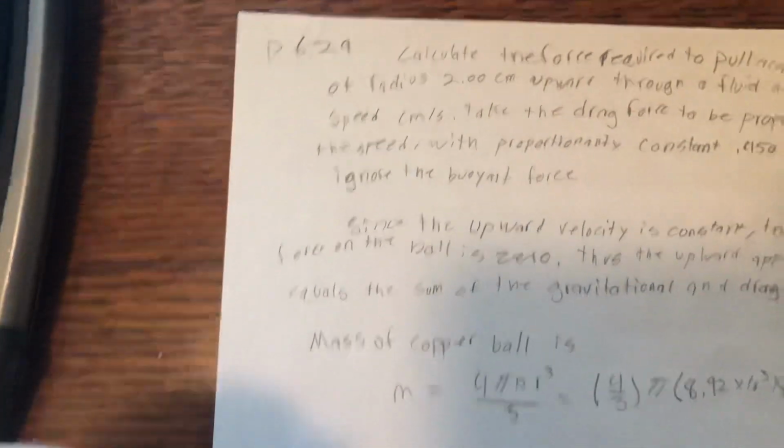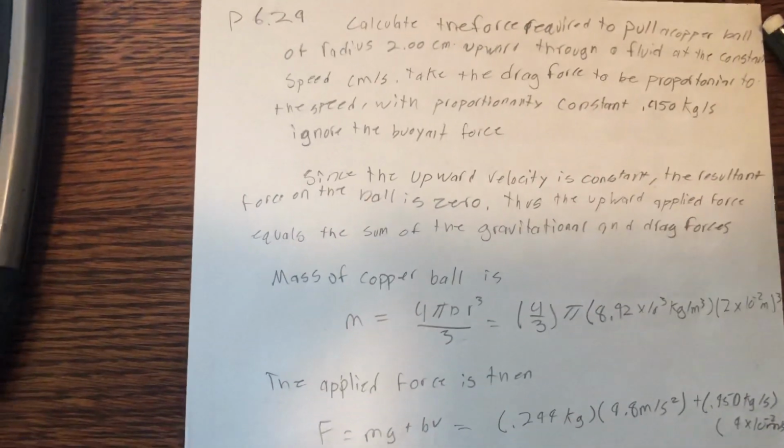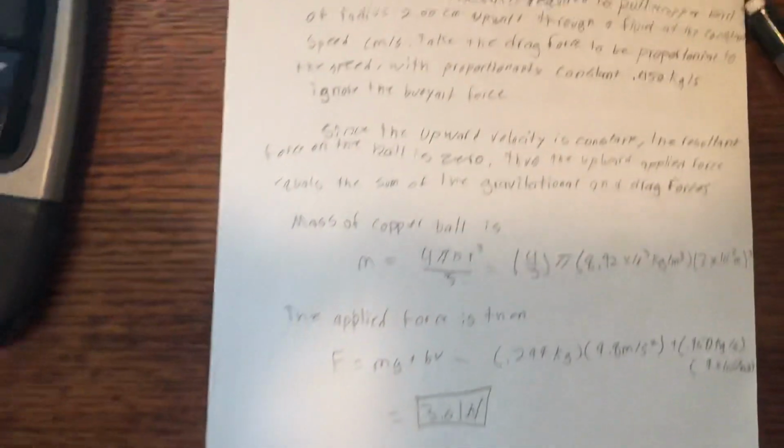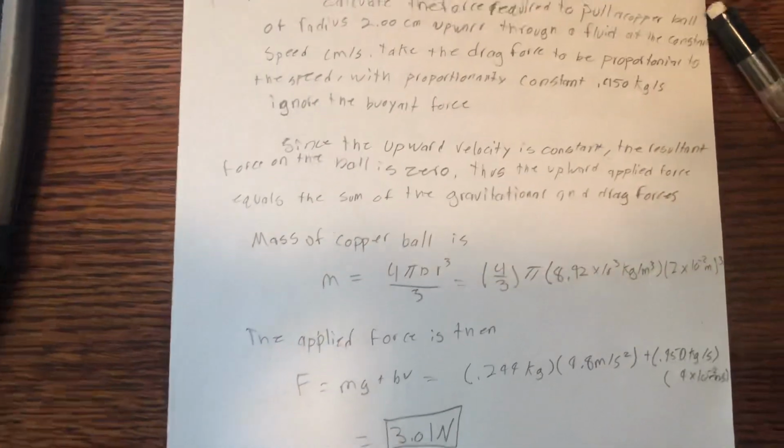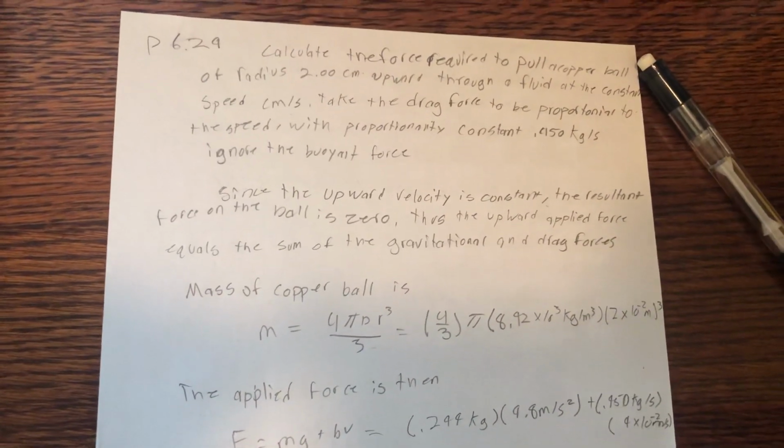Ignore buoyant force. Since the upward velocity is constant, the resultant force on the ball is 0. Thus the upward force applied equals the sum of the gravitational and drag forces.